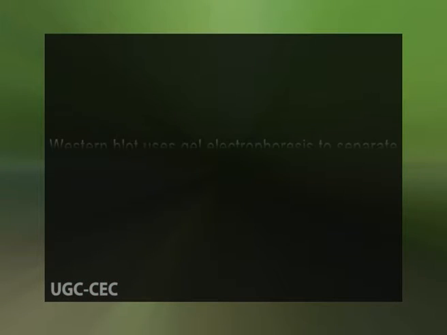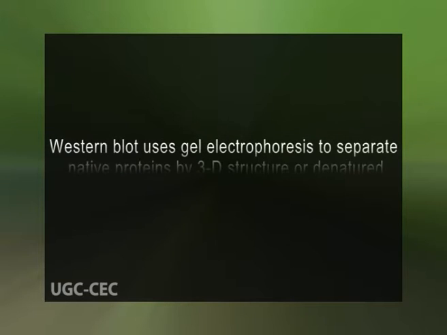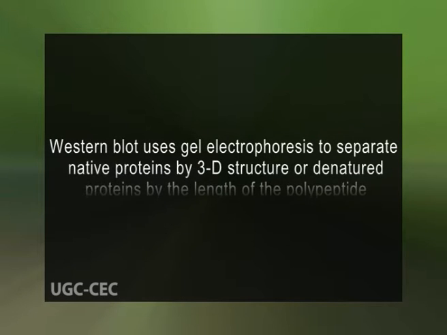The Western blot is a widely used analytical technique in molecular biology to detect specific proteins in a sample of tissue homogenate or extract. It uses gel electrophoresis to separate native proteins by 3D structure or denatured proteins by the length of the polypeptide.